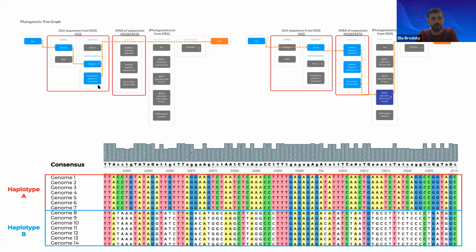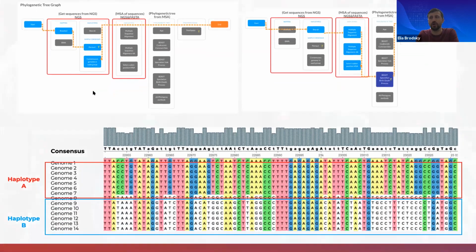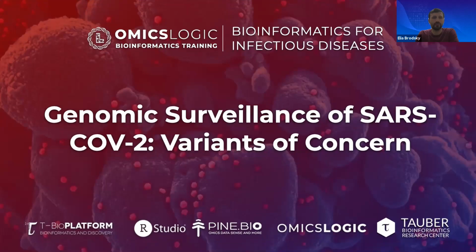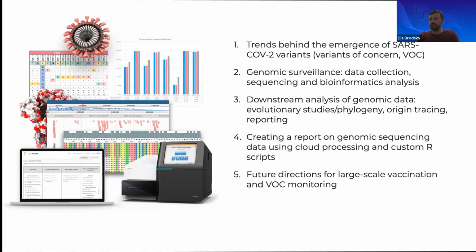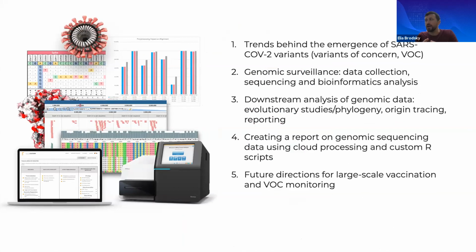And so in conclusion of today's webinar, I wanted to let you know that coming up, we have another webinar on the genomic surveillance of SARS-CoV-2 to detect variants of concern. How can we utilize this type of analysis to find and understand the trends behind the emergence of SARS-CoV-2, to perform genomic surveillance, how to collect data, how it could be sequenced, and what are some of the bioinformatics analysis methods that allow us to detect these important variants of concern.